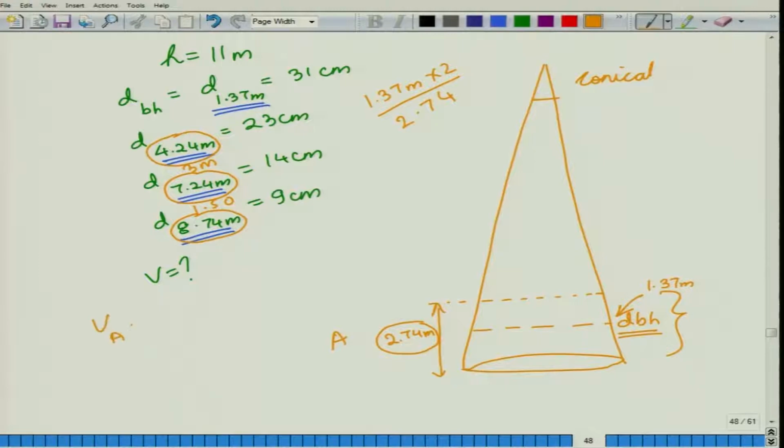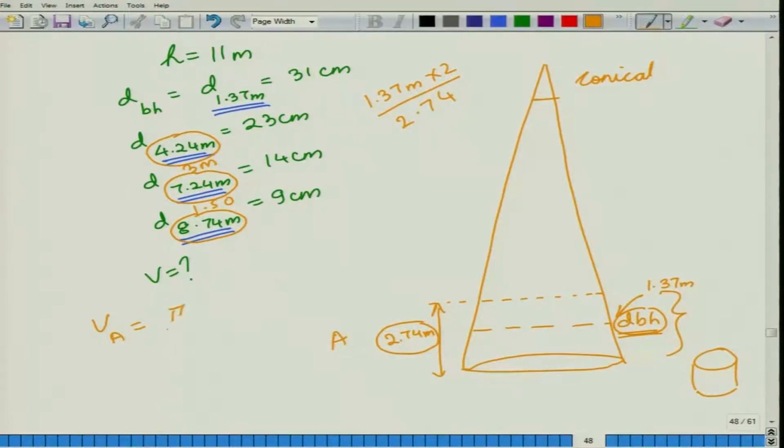Volume of section A: considering it to be a uniform section, we can use this central diameter. Let us consider this to be nearly a cylinder, because this is a very small height, so we do not expect quite a lot of tapering. Now let us calculate the volume.